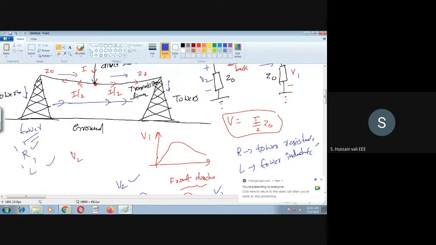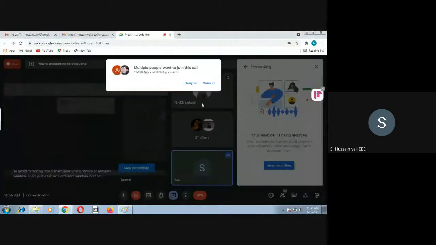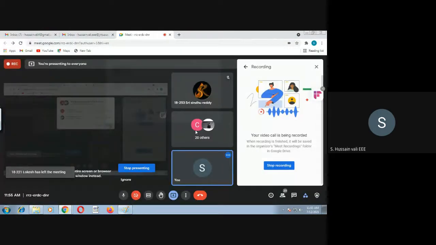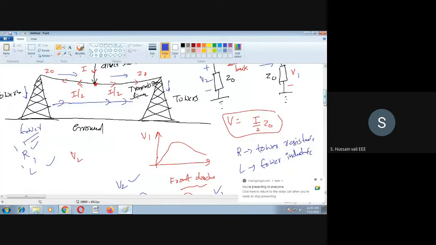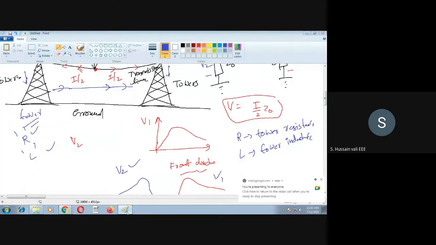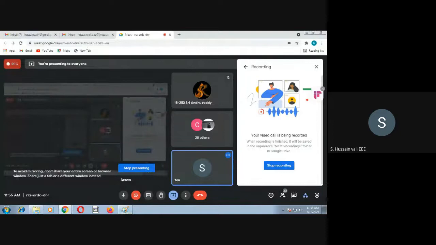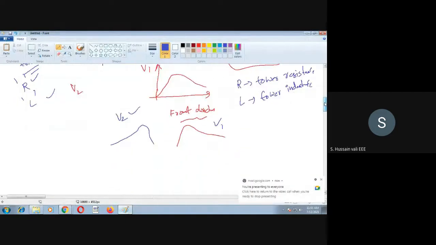It is tower inductance. So then, for example, what is the voltage across them?